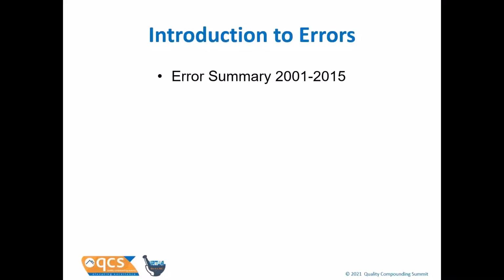Now, when we look at errors, what is an error? Basically, an error is an assertion or an act that unintentionally veers from what is true. In other words, it is an error that can end up in a compounded preparation that is not exactly the same as what it was intended to be.